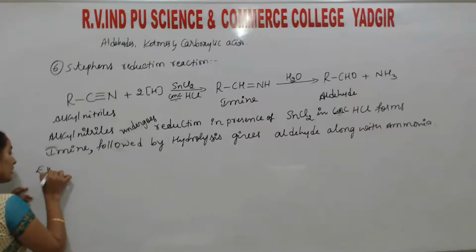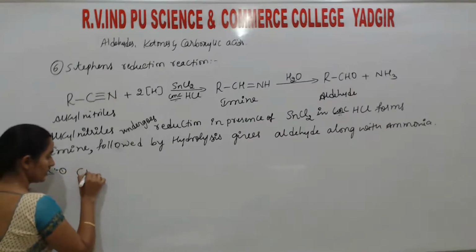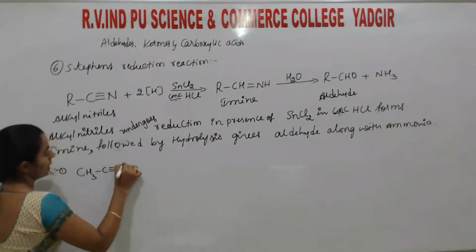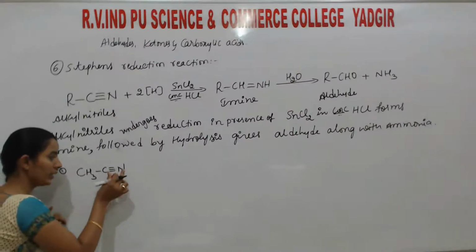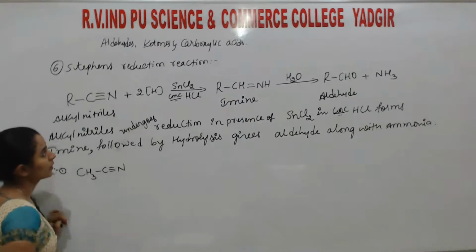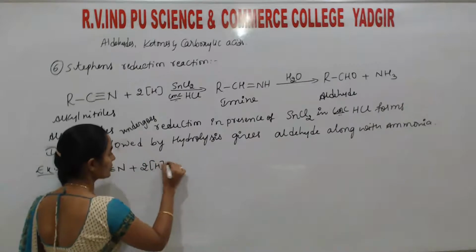So this is the example. One I'll take CH3 C triple bond N. Okay, so alkyl nitrile, methyl nitrile, plus 2H.